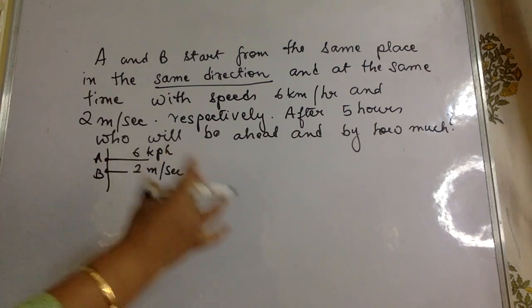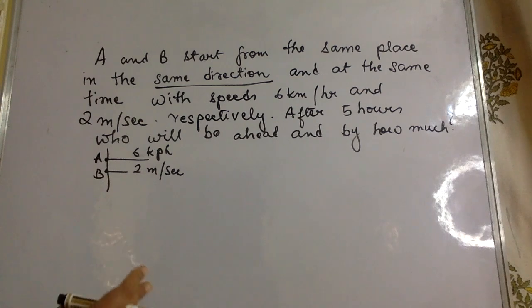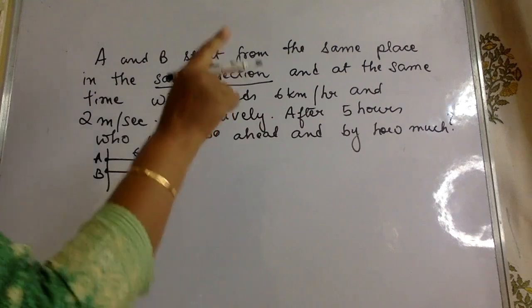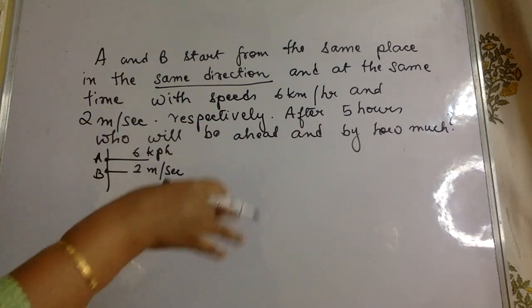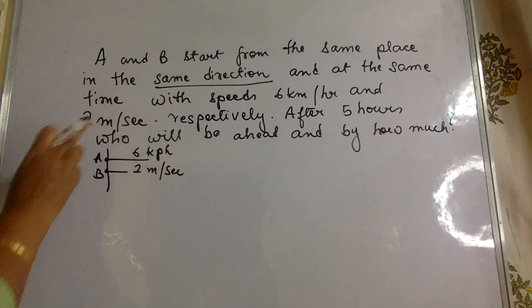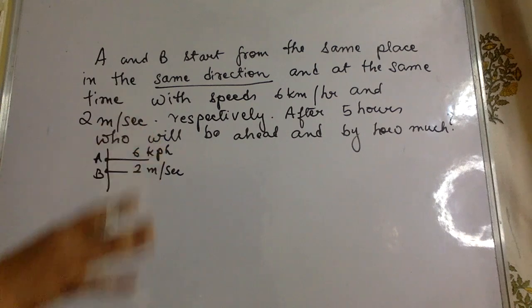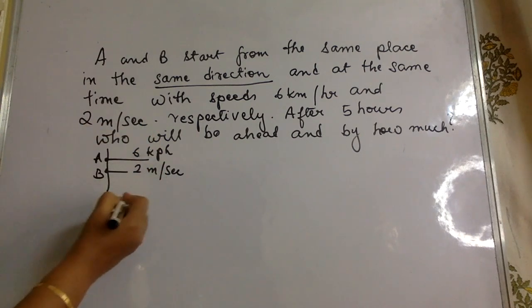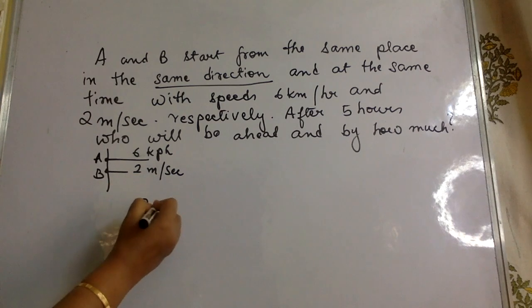Now whenever I start with this sum, why do you all find it tough? Okay, you find it tough because you are not noting the units carefully. After 5 hours they have asked. Had they asked after 5 seconds, I would have converted this to meters per second. But since they have asked after 5 hours, I'll try to take everything in hours only. So this one, 2 meters per second, I'll change to kilometers per hour.